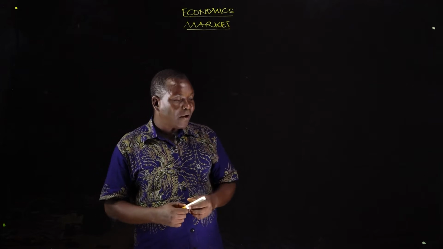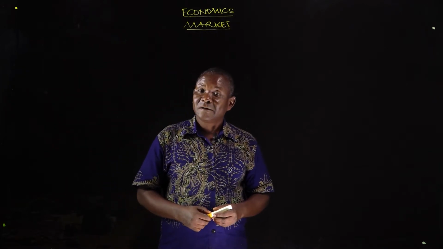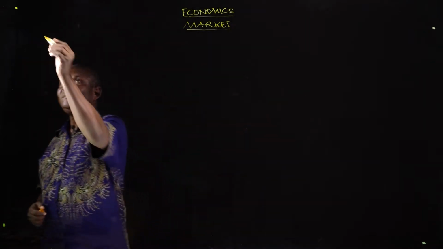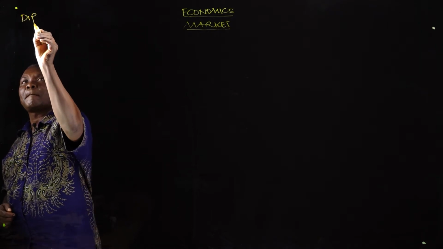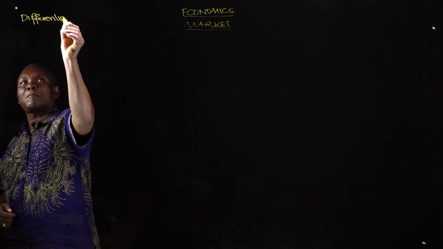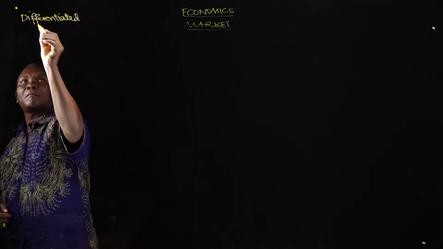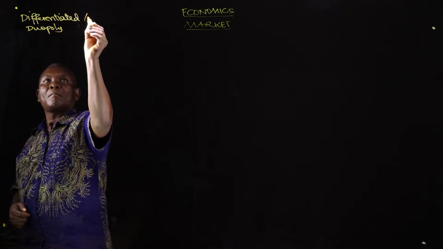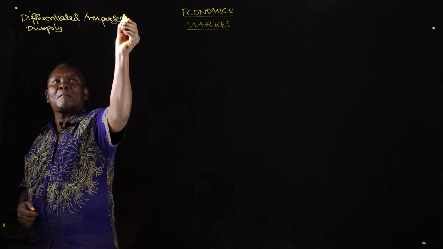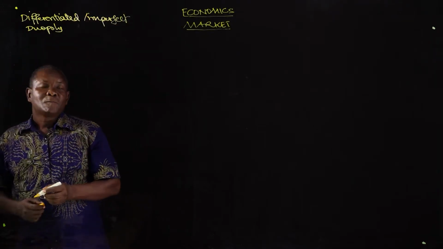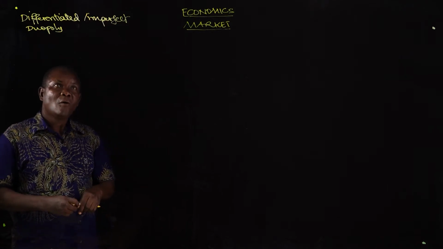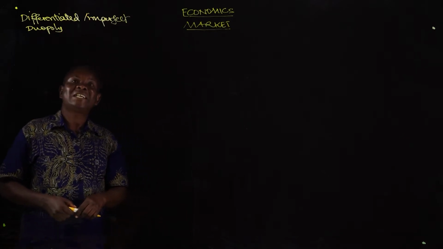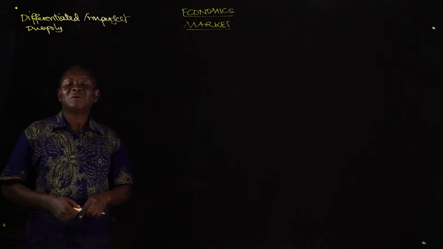The second kind of duopoly is differentiated or imperfect duopoly. With imperfect or differentiated duopoly, the two sellers supply differentiated commodities, commodities which are close substitutes.